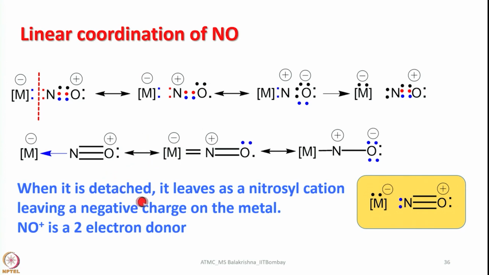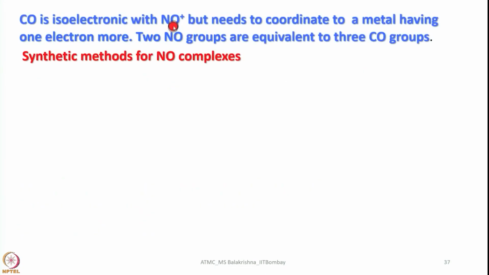When it is detached, it leaves as a nitrosyl cation, leaving a negative charge on the metal. In that context NO plus is a 2 electron donor. If you just count the electrons, we have 10 electrons in NO plus, and similarly in carbon monoxide, 4 plus 6, 10 electrons are there in the valence shell.